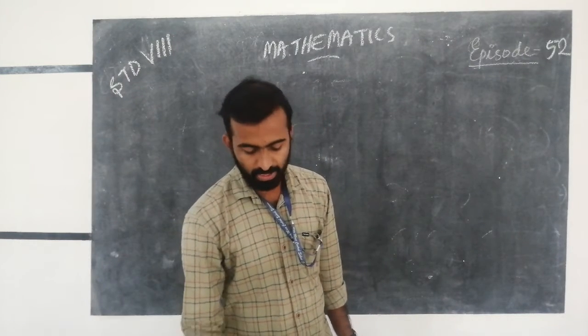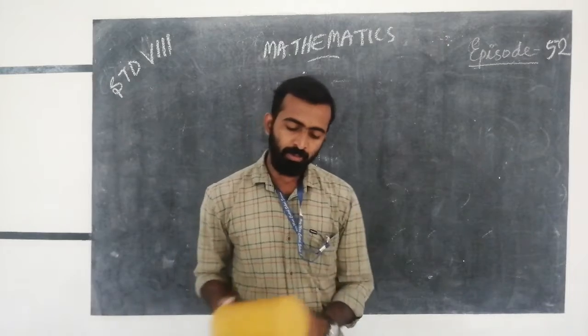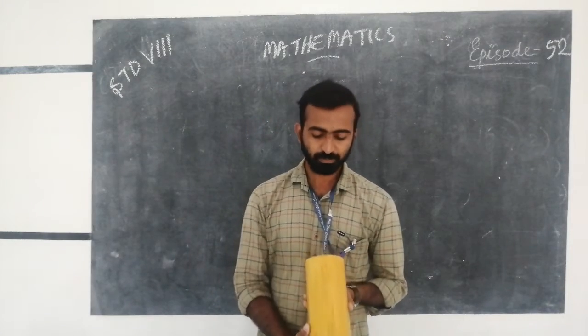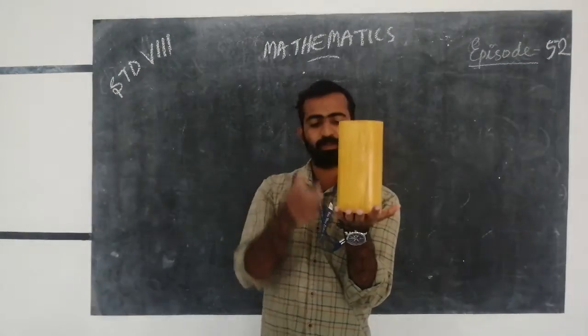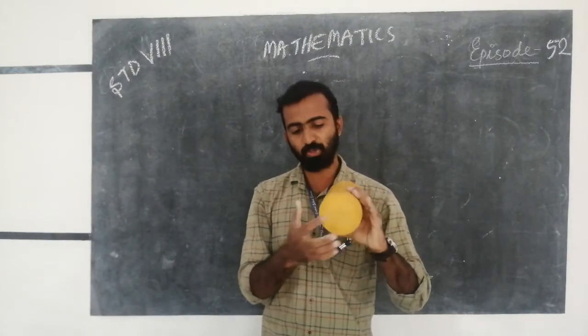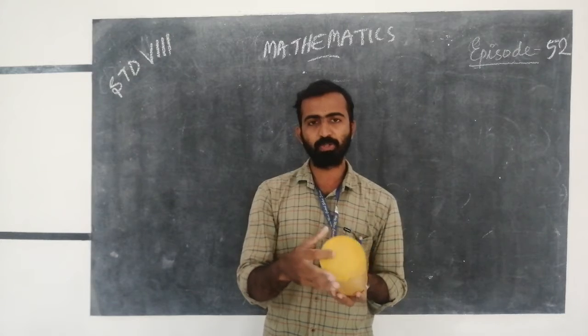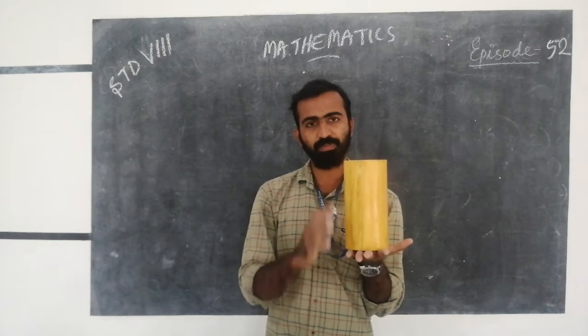And next is the cylinder. This cylinder has 2 bases, one is this one and another one is this one, and this is the lateral surface.